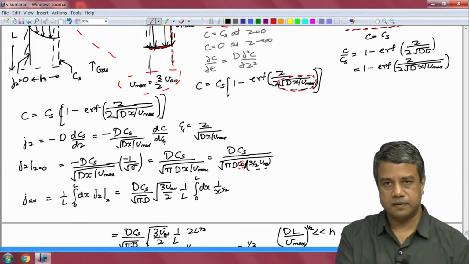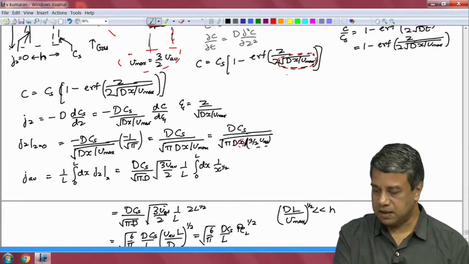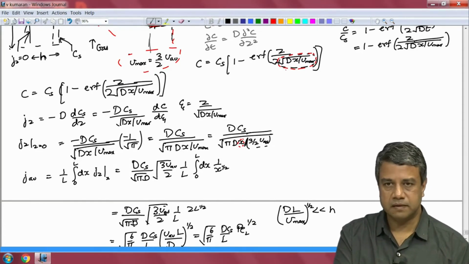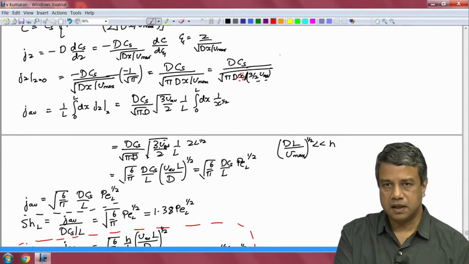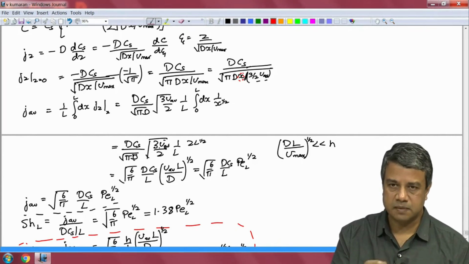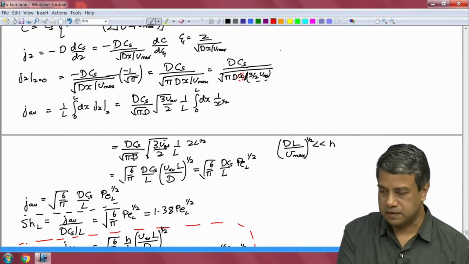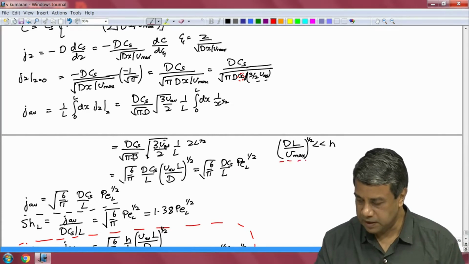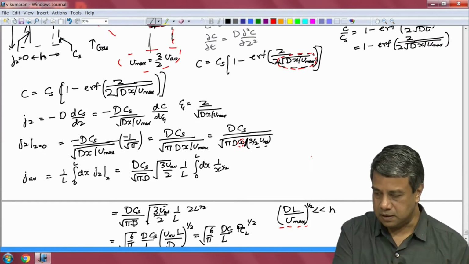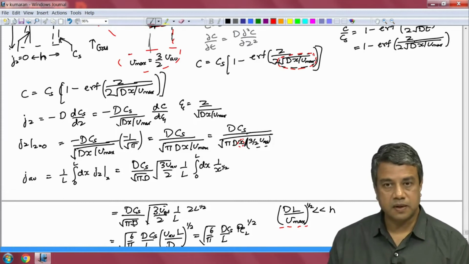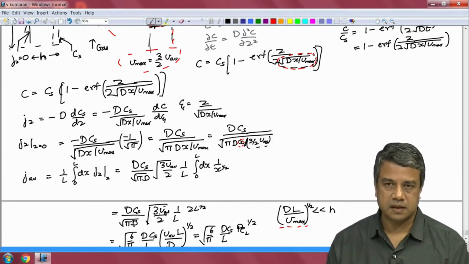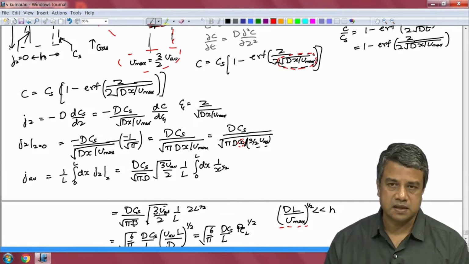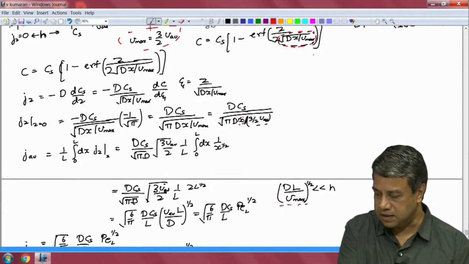At a distance L, the time of exposure is L by V max, and therefore this is the condition. That is the penetration depth at a distance L downstream from the start of the contacting section.